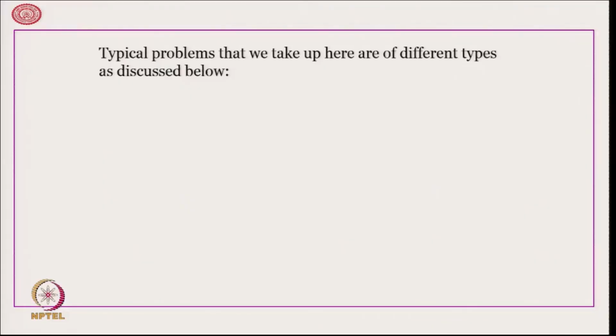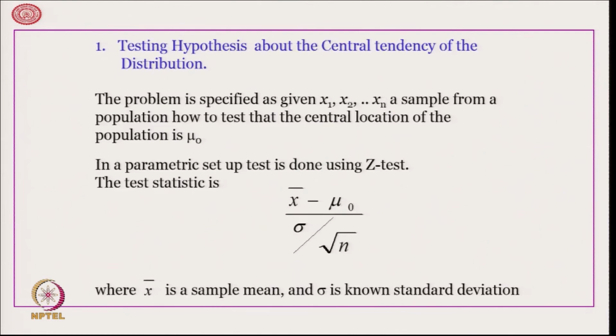So, under the non-parametric setup, the problems that we take up are of different types. Let me discuss the problems that we are going to take up in this series of lectures. The first one is testing of hypothesis about the central tendency of the distribution. The problem is specified as follows: suppose we have taken a sample x 1, x 2, up to x n from the population.